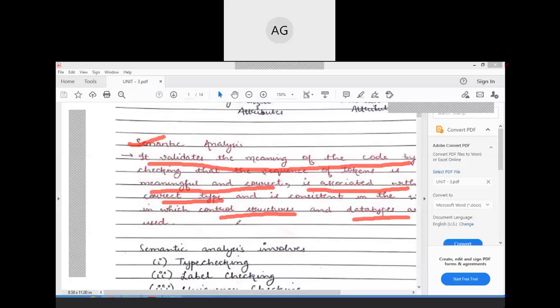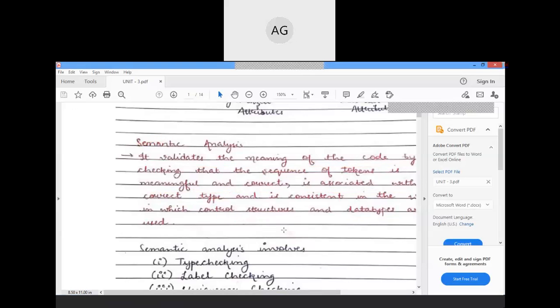As an example, if our data type is integer, then we evaluate only the integer values with it and not the character values. In the same way, if we take our data type as character, then we calculate only the character values with the character data type and not the integer values. So semantic analysis deals with it.